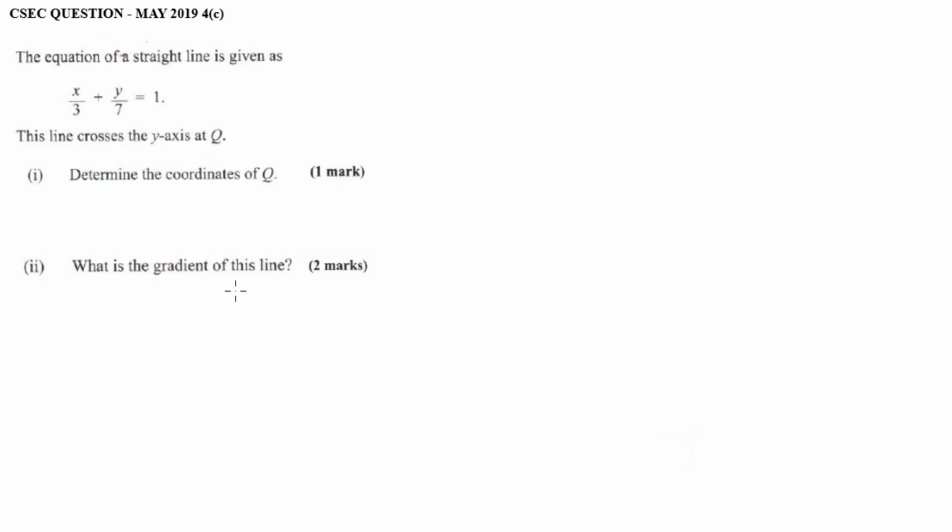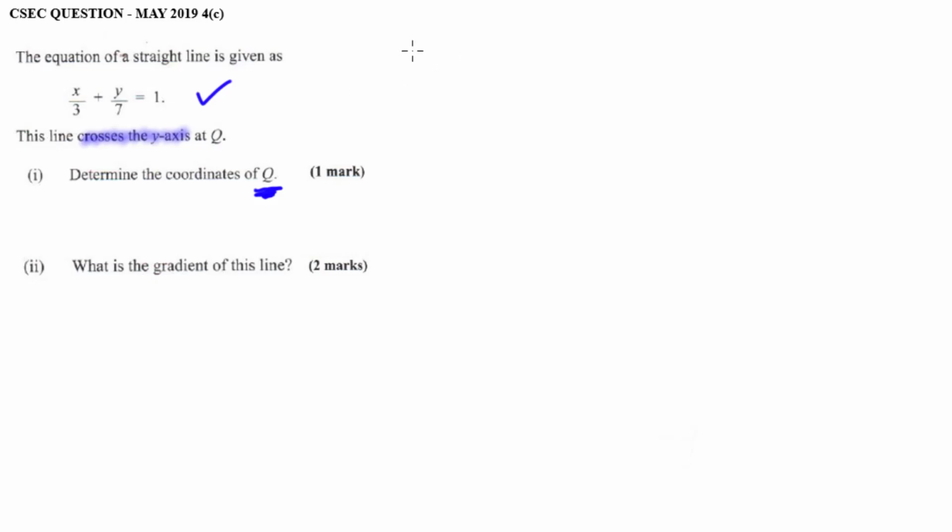Now first, let's try and find the coordinates of Q. Let's ask ourselves, what do we already know? Well, here we already know the equation of the line, and we know that points on the line satisfy the equation. And we also know that the line crosses the y-axis at Q. What happens at the y-axis? Let's do a quick sketch here.